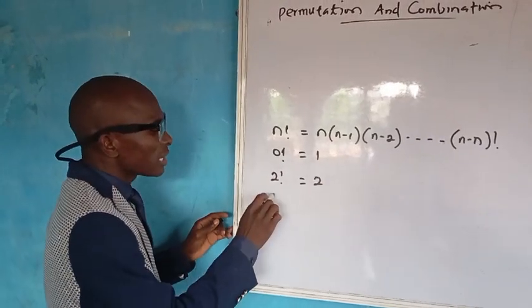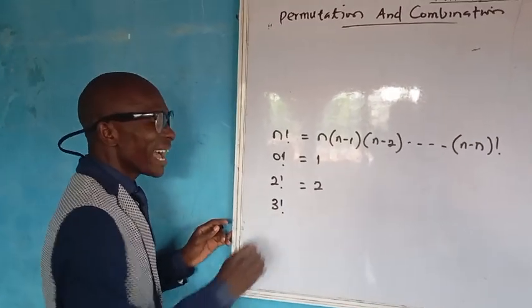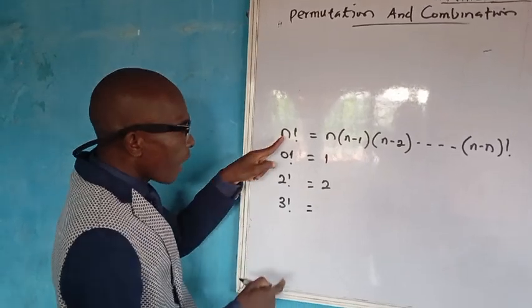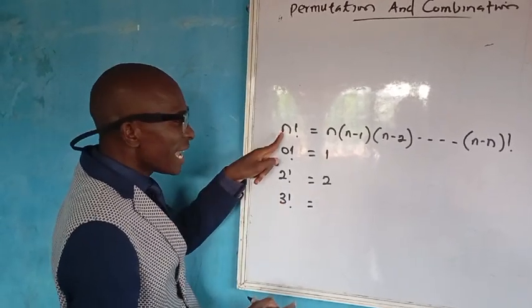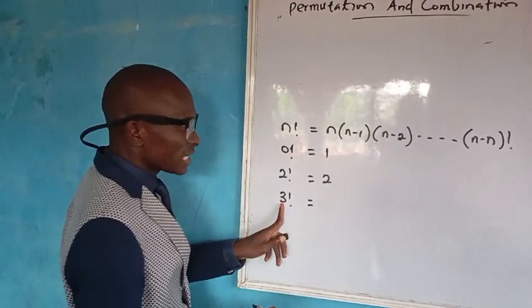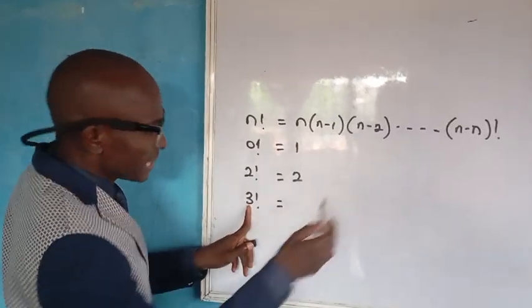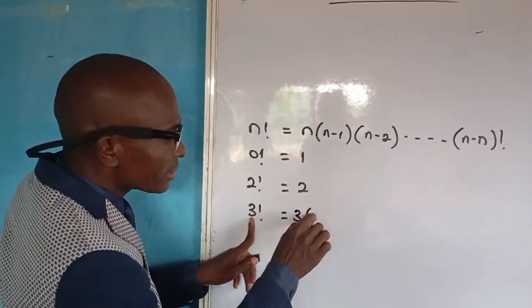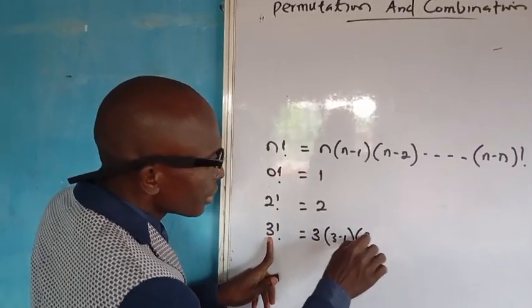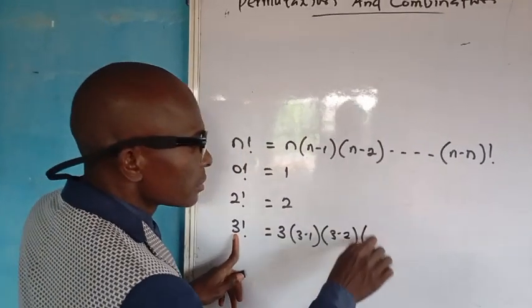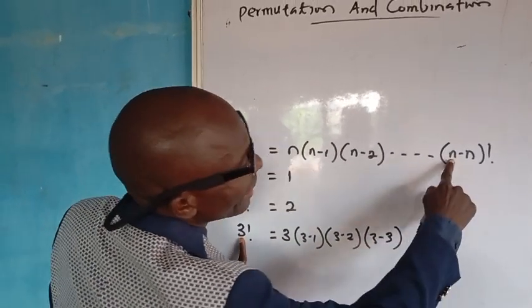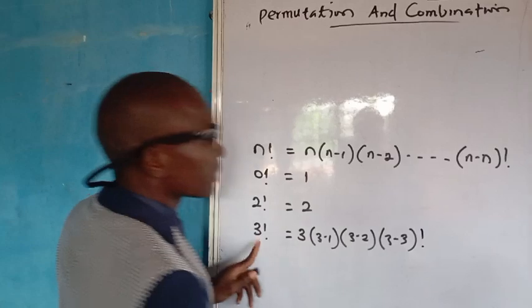But when you come to 3 factorial, how do we express it? Our n is 3. So we write 3 times (3 minus 1), (3 minus 2), (3 minus 3) factorial.